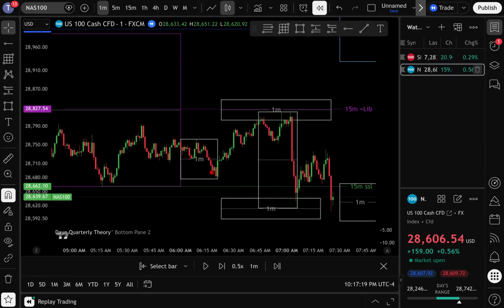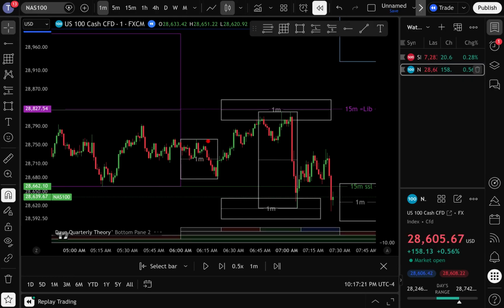Okay, we're on a 1 minute. We're grabbing liquidity to get to right here because everybody else been dropping from equilibrium. Well, in this case, liquidity grab, market structure shift, bread and butter setup, get in on a continuation.